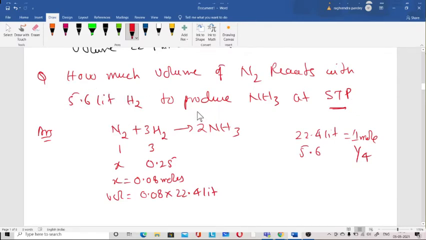This concept is for STP only, standard temperature and pressure. Otherwise this condition will not follow. Again and again I am repeating.